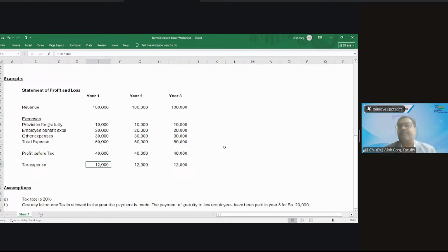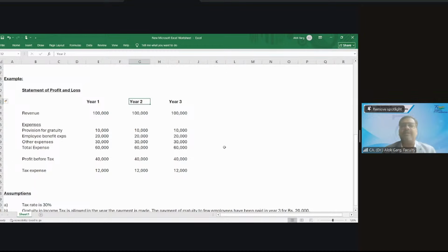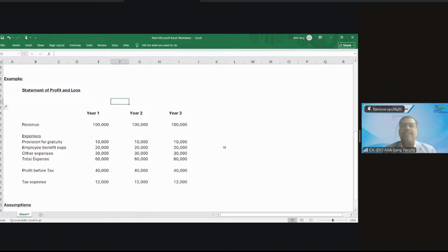12,000. But friends, this is my company's books, as per the Companies Act. As per Income Tax Act, if I need to compute my taxable profit, this is my company's books.